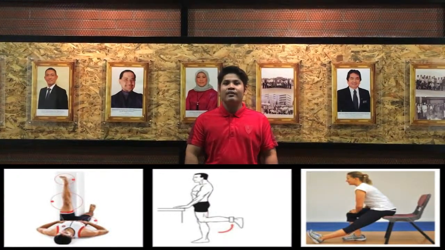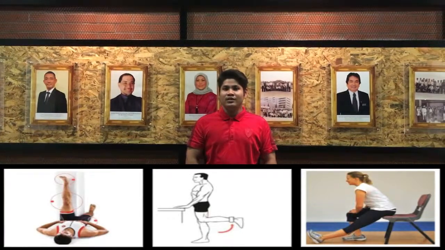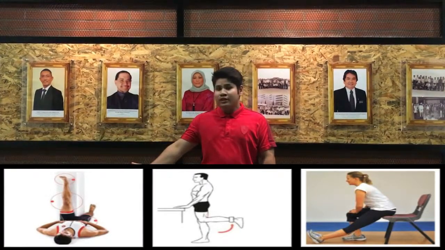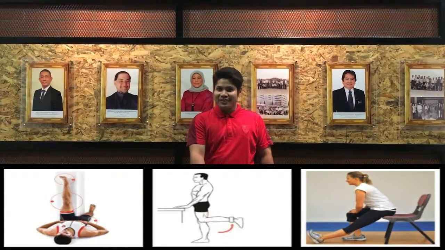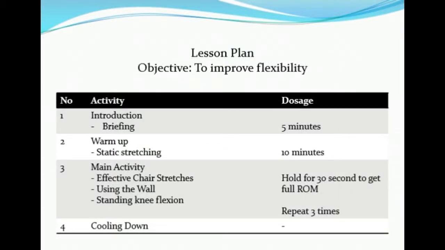Exercises need to be done for flexibility, we have 3, which is using the wall, standing knee flexion, and effective chair stretch. This is the lesson plan for flexibility. The objective of this lesson plan is to improve flexibility. For the warm-up is static stretching around 10 minutes.